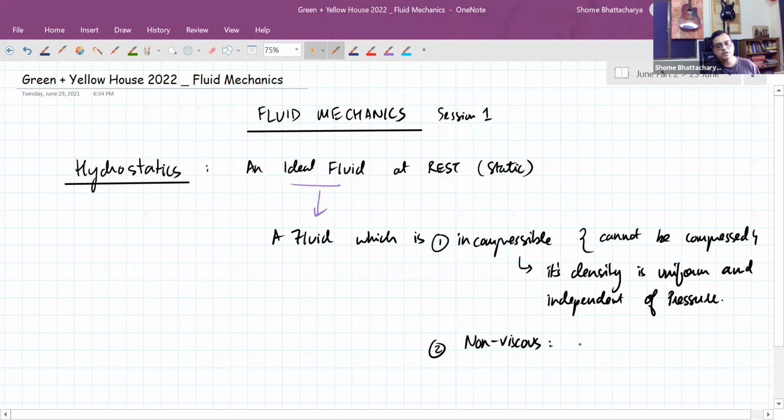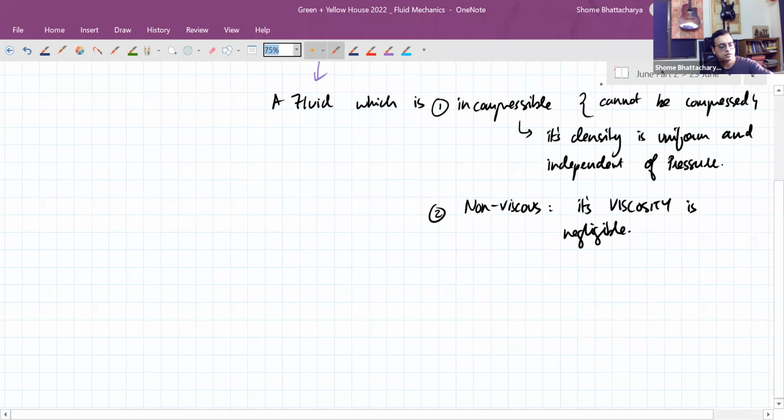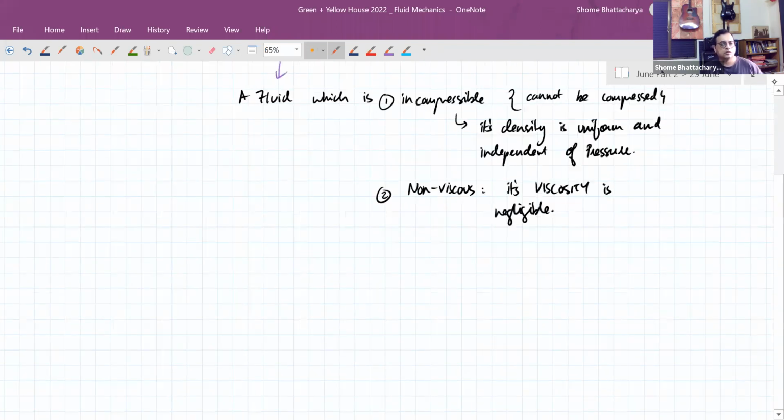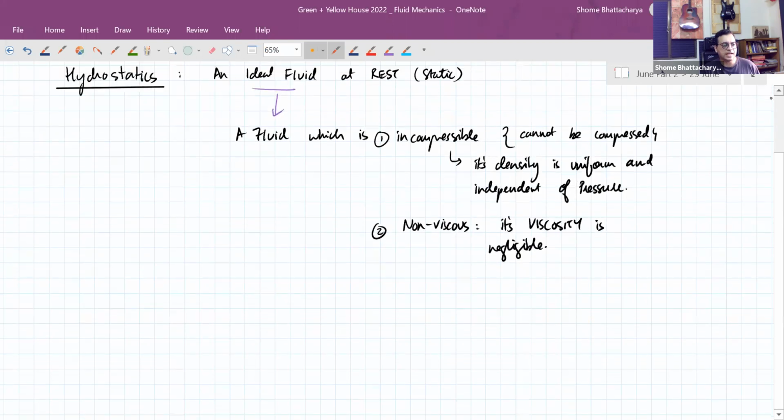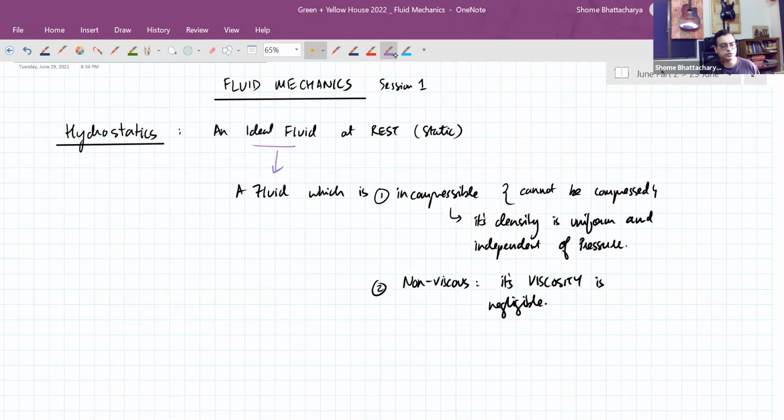Non-viscous means that its viscosity is negligible. And what we mean by viscosity in fluids is the drag forces that act when there is relative motion.